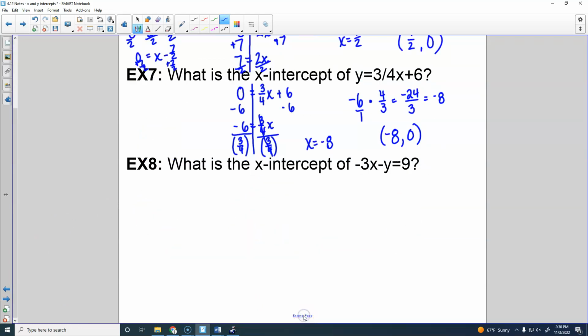All right. So the last one, I think these are easier than if they're solved for y. You're going to plug in 0 for y. Again, if you think about what's happening, you've got negative 3x minus y minus 0 equals 9. Oops. Why is it not letting me do the eraser?